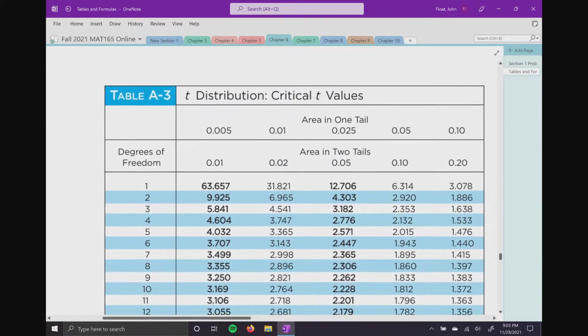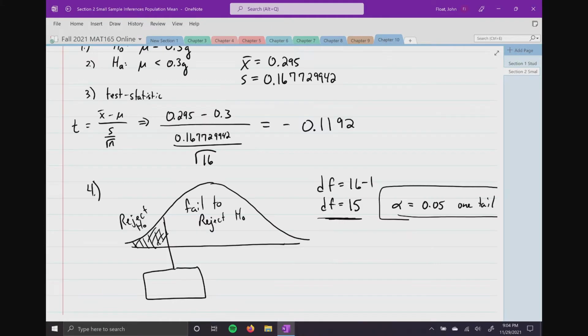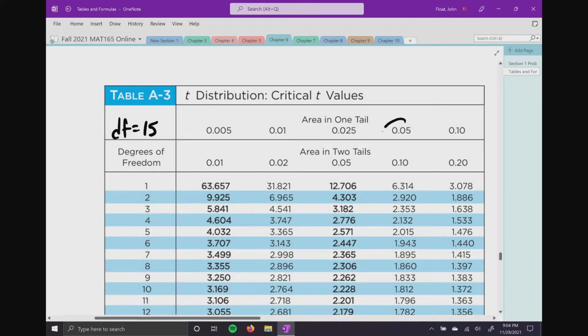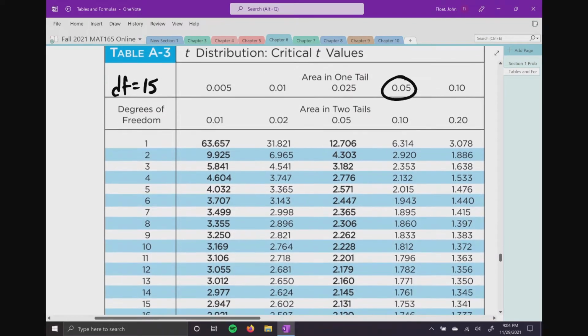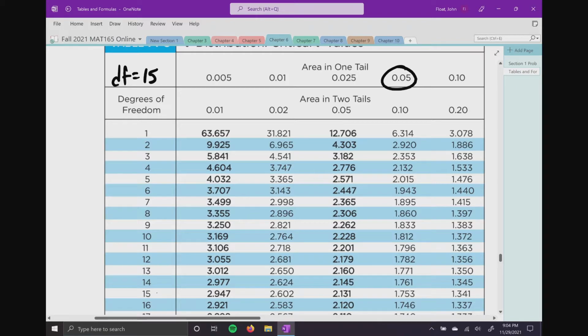All right, remember, degrees of freedom equaled 15. Area in one tail, 0.05. So if you look on the lower part of your screen, my critical value is negative 1.753.